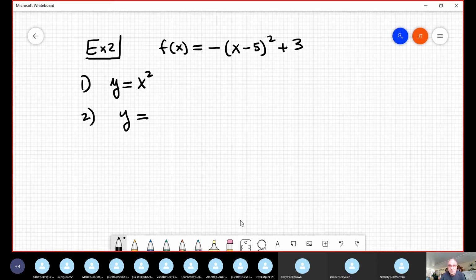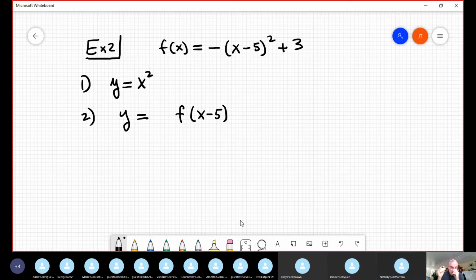Because first of all, according to the order of operations, you are doing this part first, x minus 5. So we are doing this transformation, x minus 5. And this is what? Who can help me? Horizontal translation to the right. Exactly.